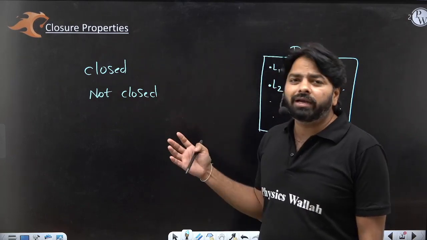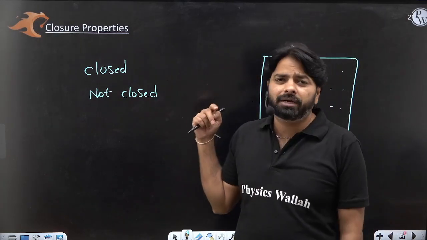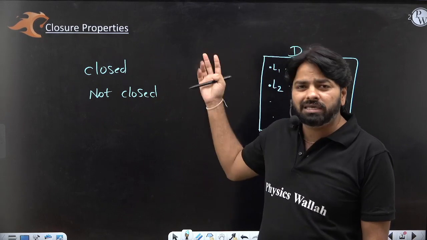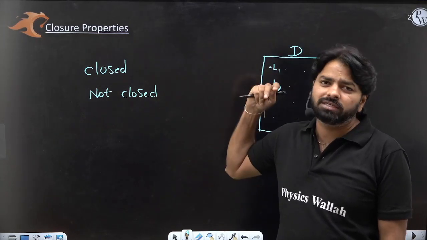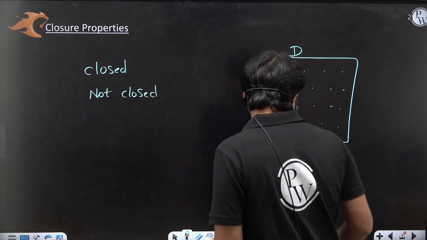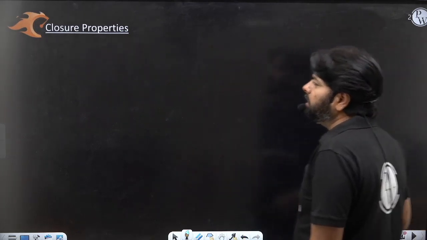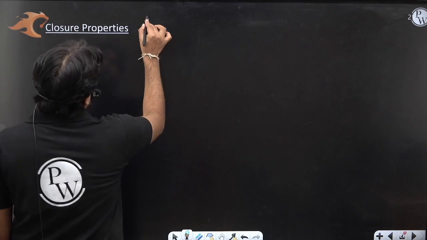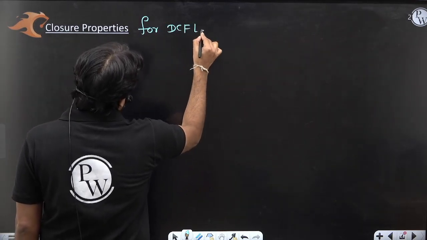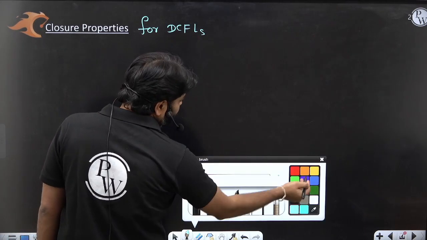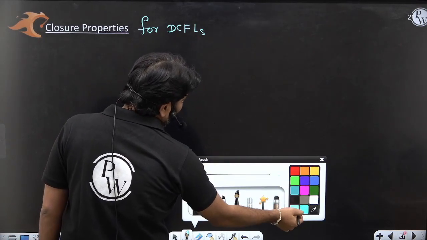Now we are going to look at which closure properties are closed for DCFLs and not closed for DCFLs. Then we'll look at the CFLs. Let's start with the first, closure properties for DCFLs. I'm going to write some important operations here.